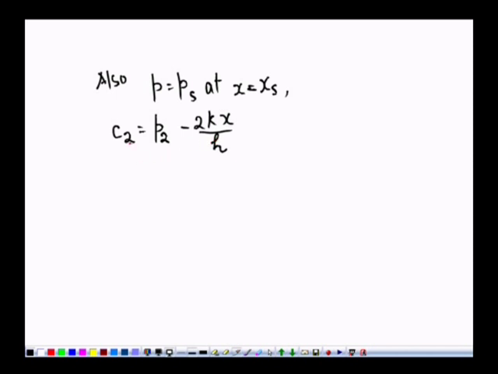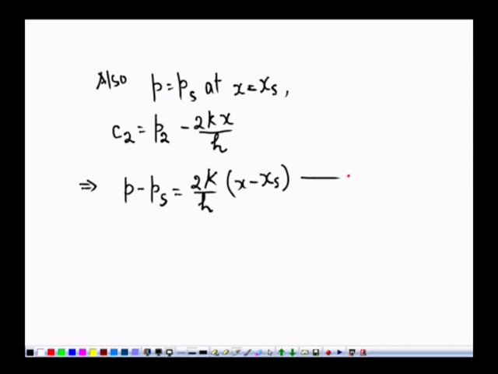So, if we put the value of C2 in the earlier expression, finally we have P minus Ps equal to twice k by h times x minus xs.